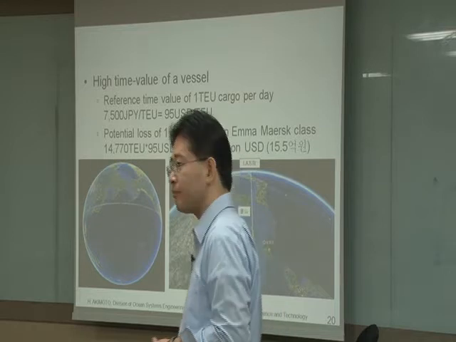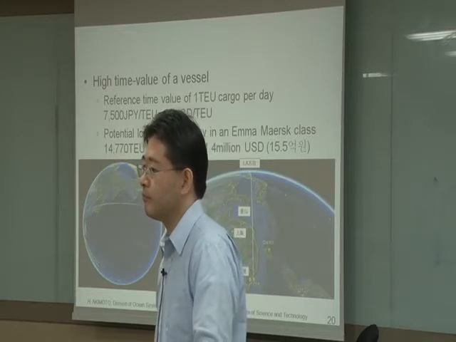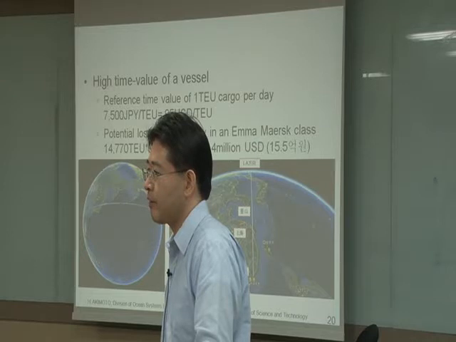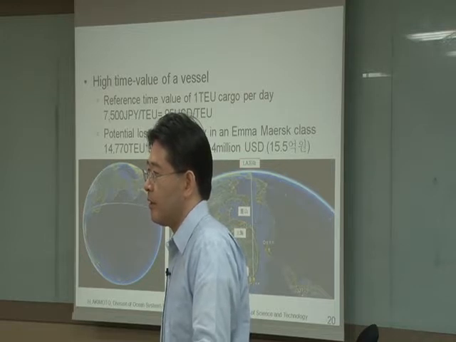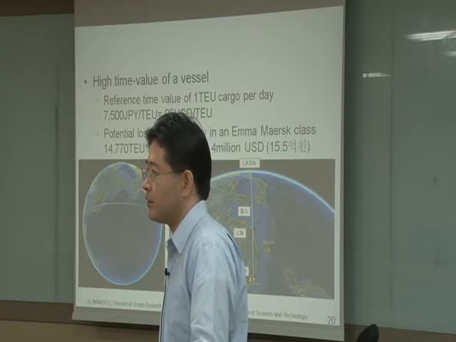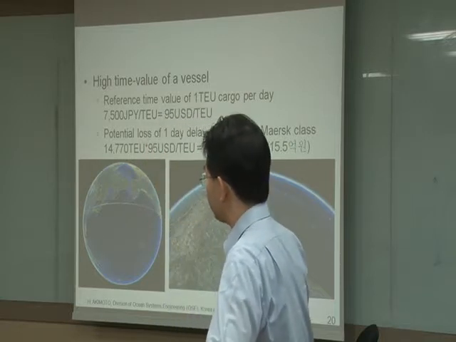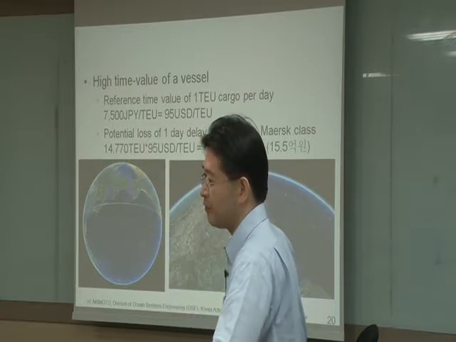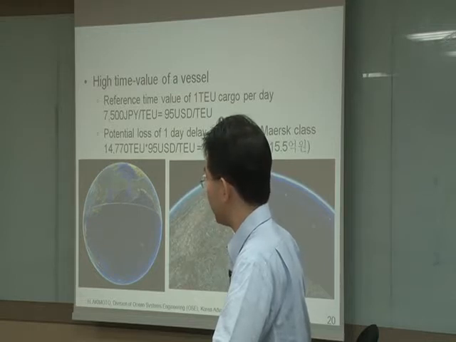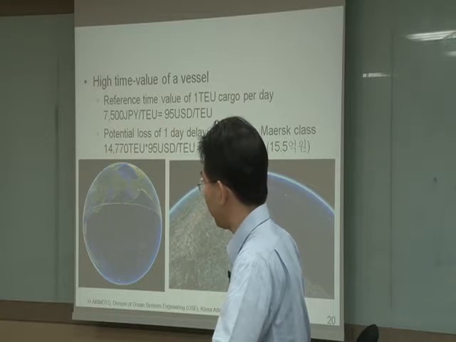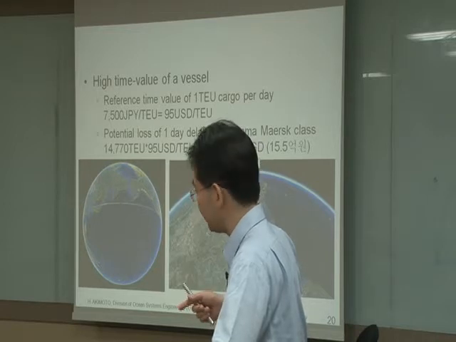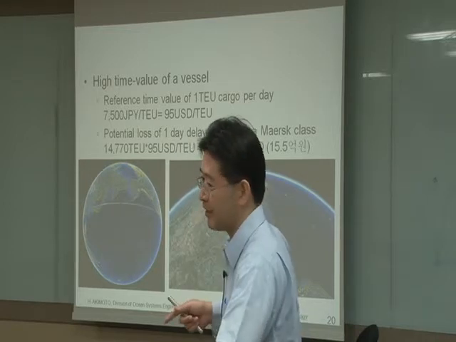Now, for Emma Maersk to go from Asia to Europe, it could go down around Africa, but at present the Suez Canal is very convenient for this kind of ship. So I think they will not consider a larger container ship that cannot go through the Suez Canal.